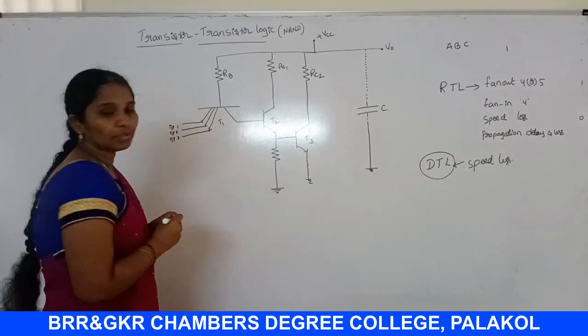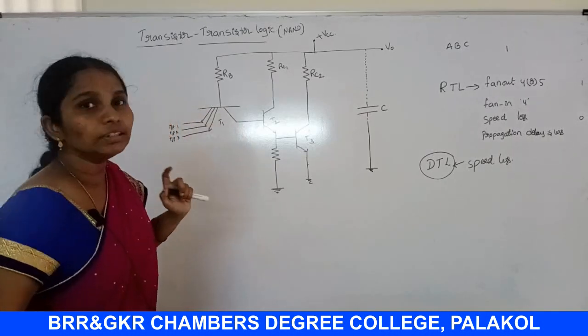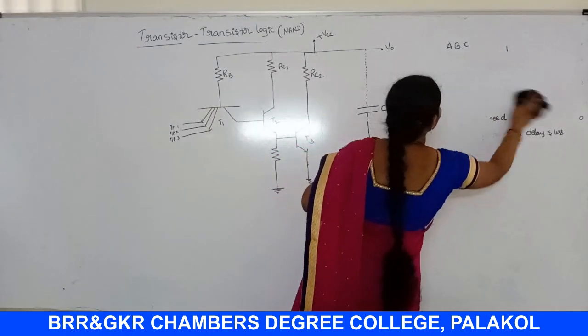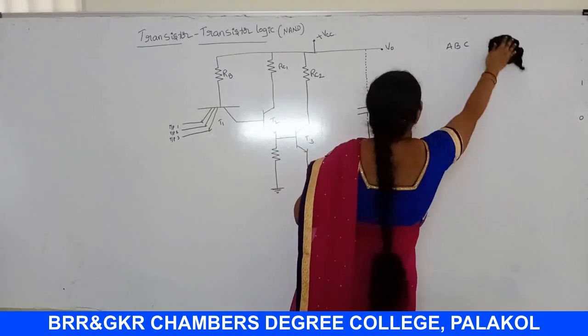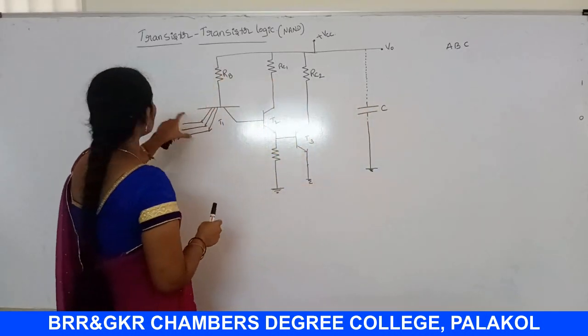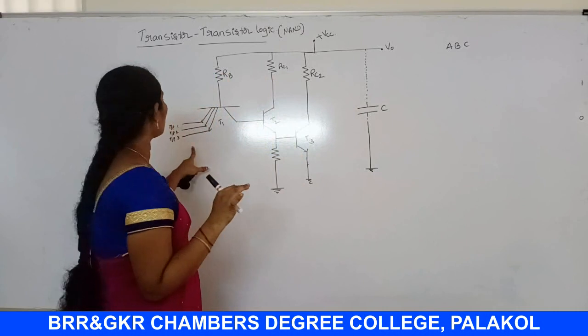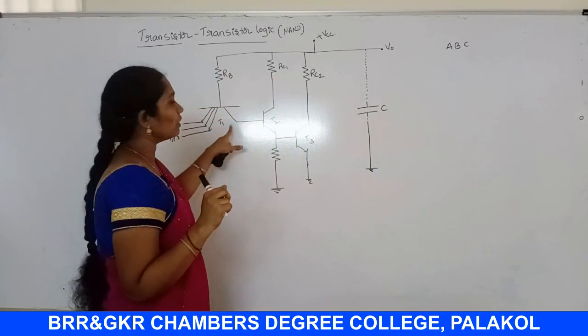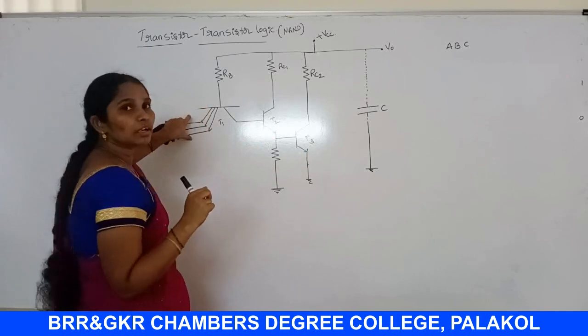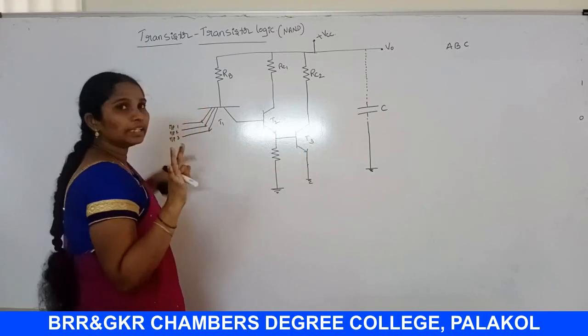Now we will discuss the operation with the truth table. Here this is a 3-input transistor circuit. This is T1, T2 and T3 transistors. For the T1 transistor, we have to apply the 3 inputs.